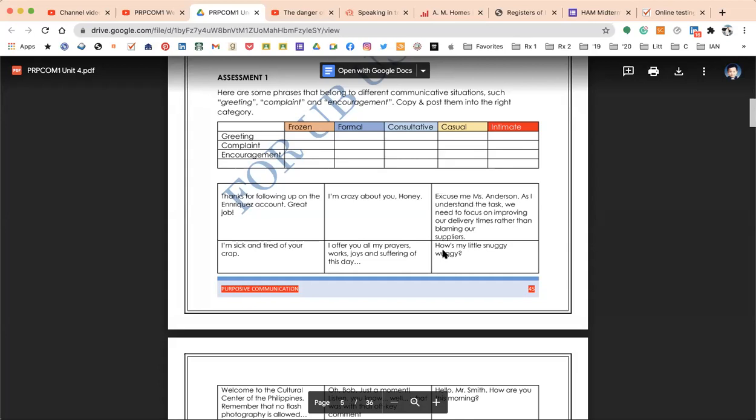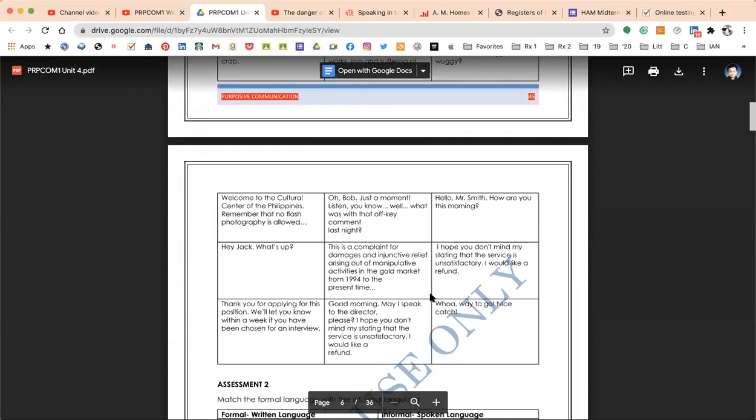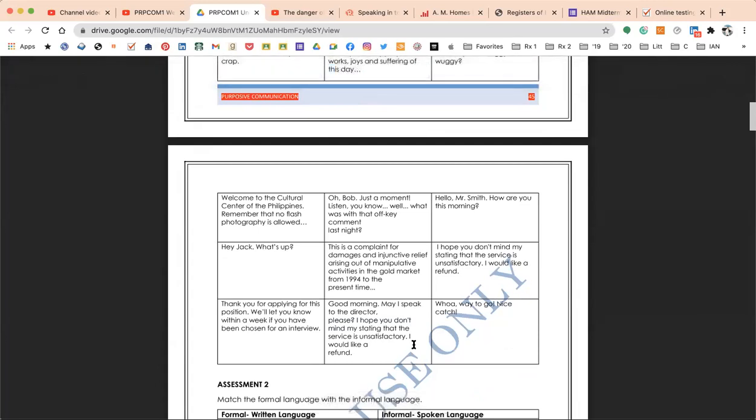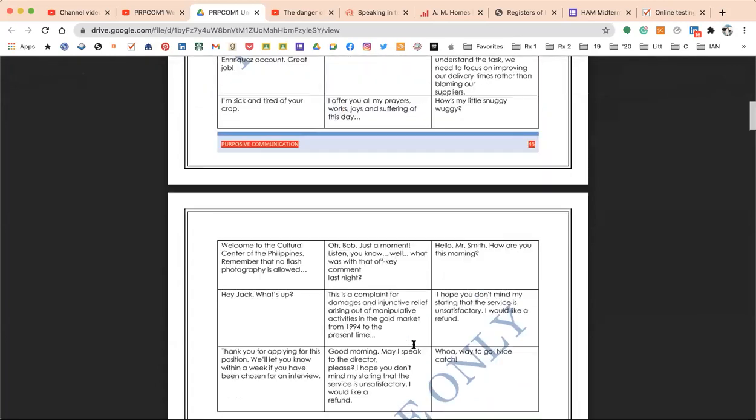Or another line, how's my little snuggy wuggy? So of course, you already know that this is intimate and this is more of a greeting. All right, another last example. Good morning. May I speak to the director, please? I hope you don't mind my stating that the service is unsatisfactory. I would like a refund.